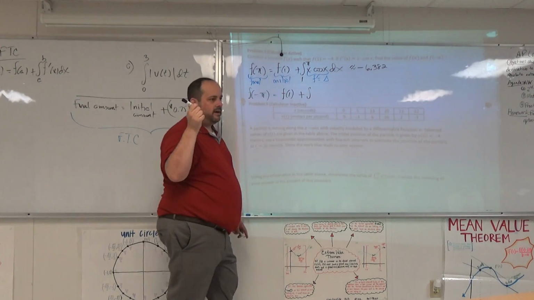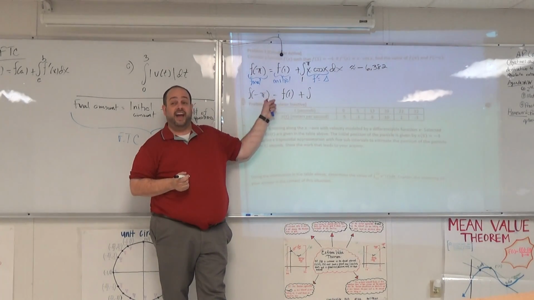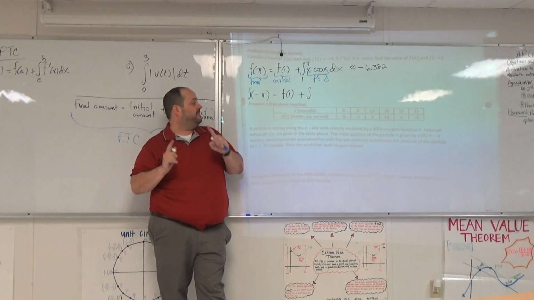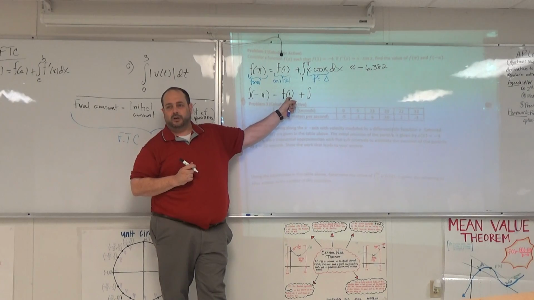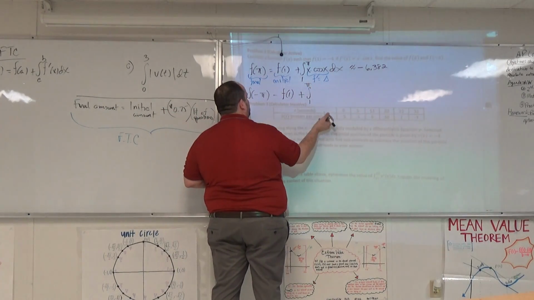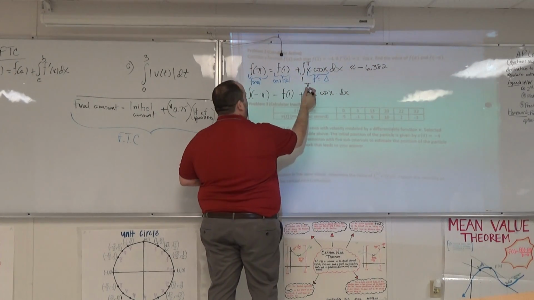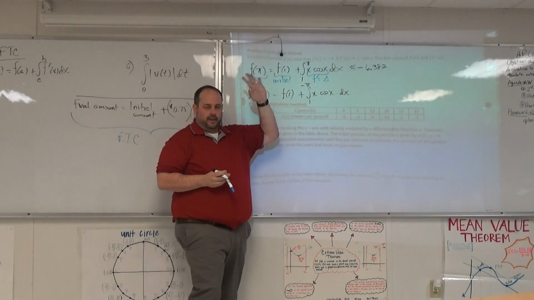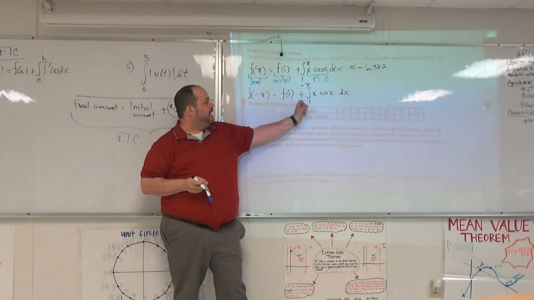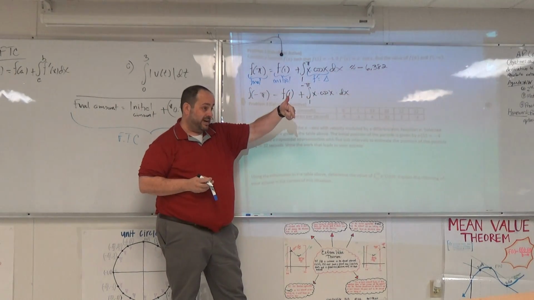Okay, now here's where you got to be careful. F of negative pi is what we're considering the final value. F of 1 is what you're considering the initial value. So final equals the initial plus you have to integrate from initial to final. Don't change the sign here, because the integral takes into account the fact that you're going to have to do a subtraction instead.